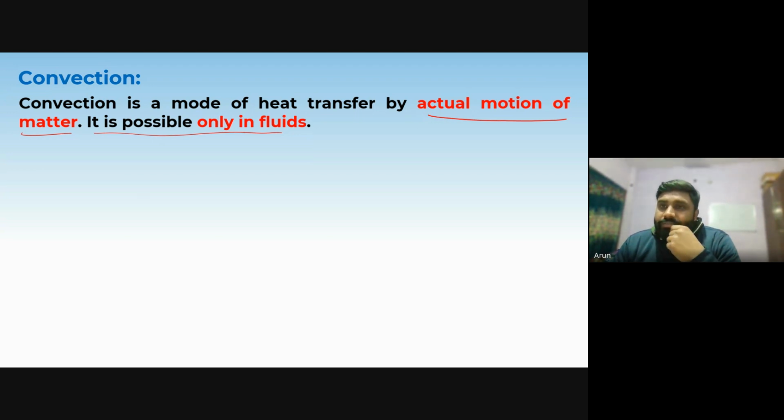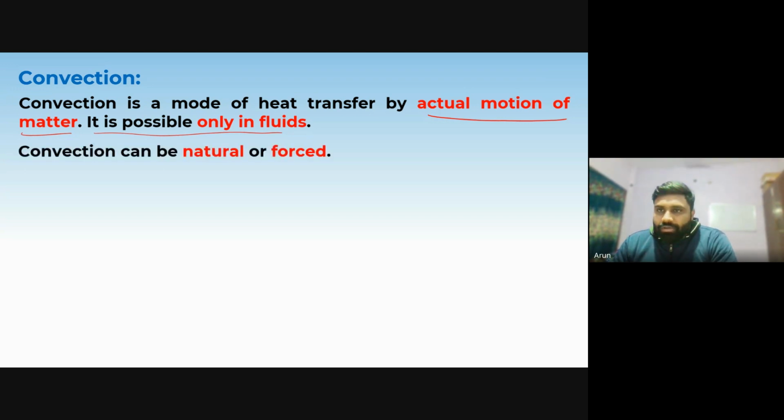Heat transfer is specifically a subject in mechanical engineering. In that particular subject, you will get to know a wide view of convection. But for now, you have to restrict yourself to the smaller information. Now, there are two parts of convection. Either it will be natural or it will be forced. Okay.